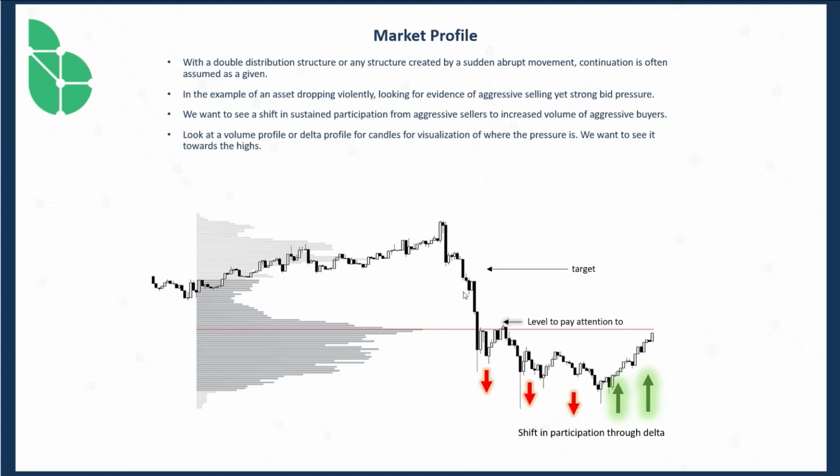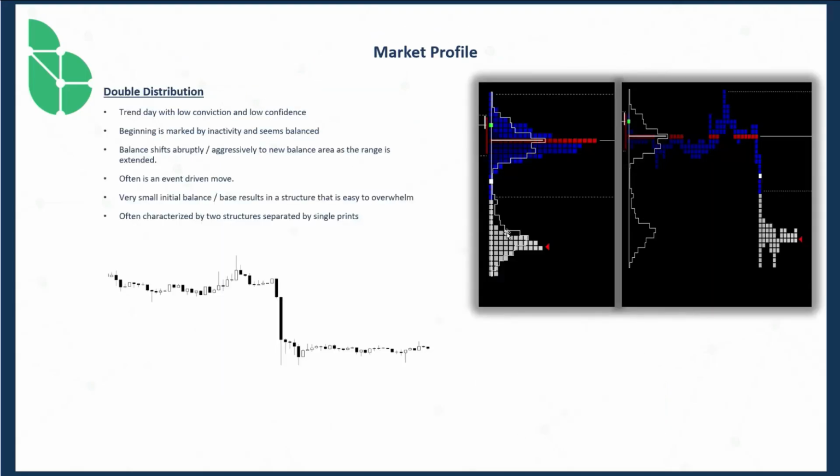All right, so this is why, in the case of something that is a picture-perfect double distribution, or the previous day double distribution, when we talk about the setup, going back to the structure, we would be looking for something like this.